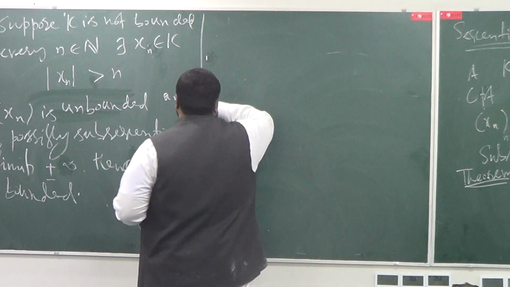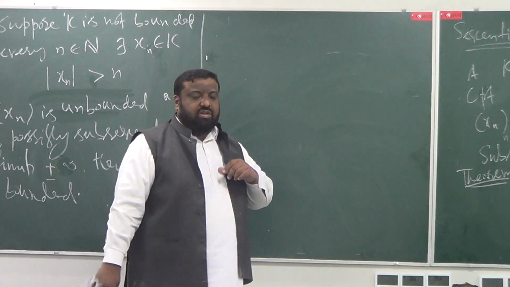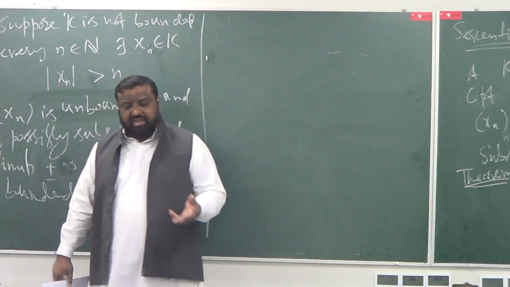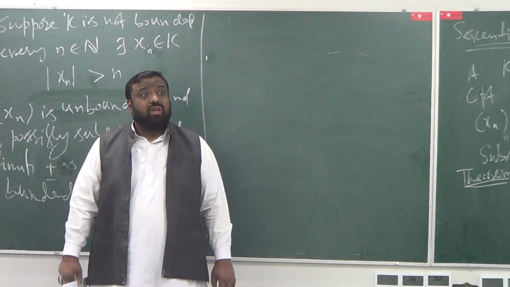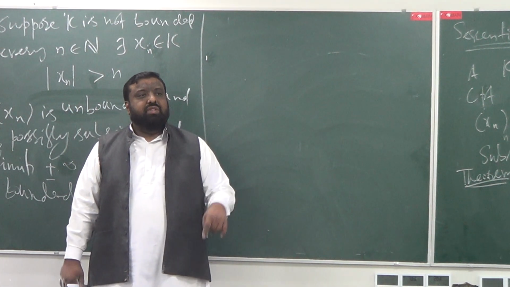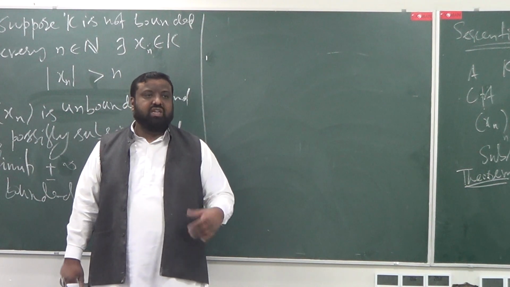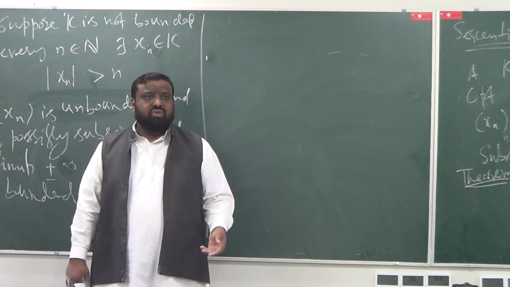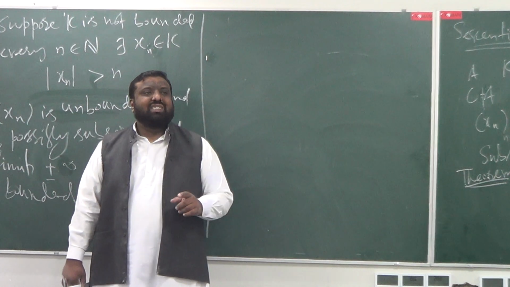For closed, we know the criteria for closedness. What are the criteria for closedness? We said that if you take a convergent sequence in a closed set, then it must converge inside the set.